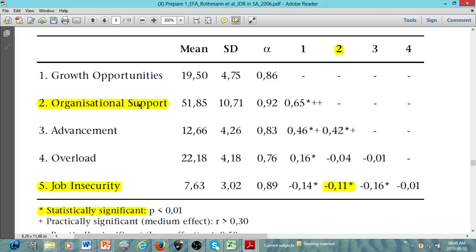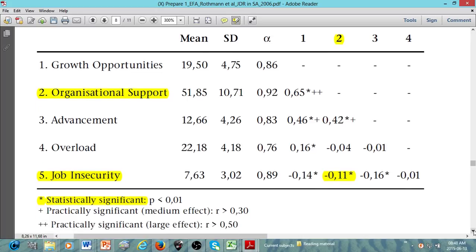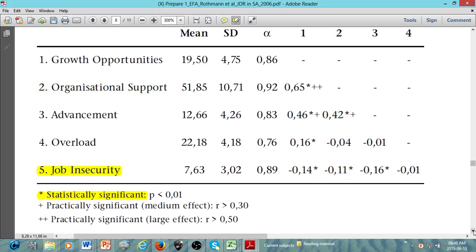And like we see by the asterisk over there, this correlation between the two variables was found to be statistically significant. Okay, and 0.11, what does that tell us about the relationship? Yeah, it does exist, but it's not very strong. So that's the correlation between those two variables.